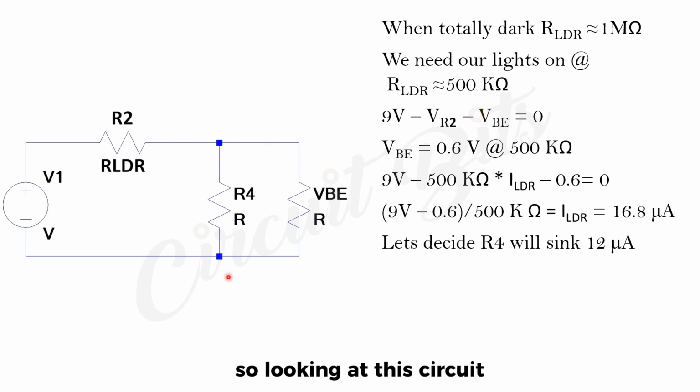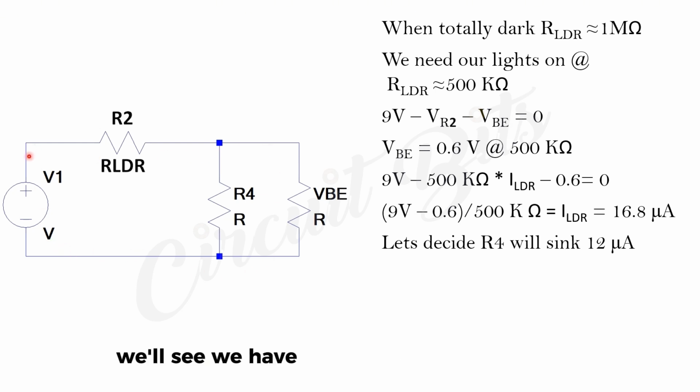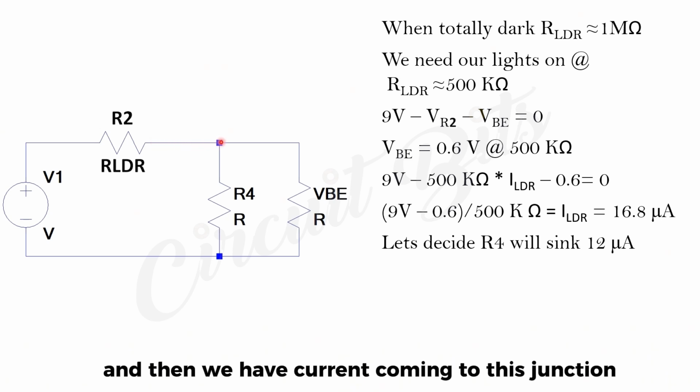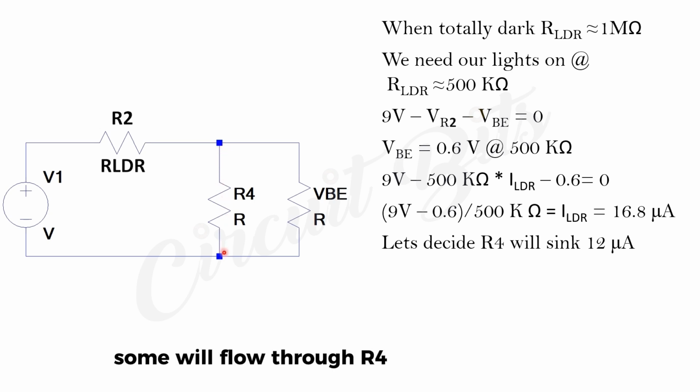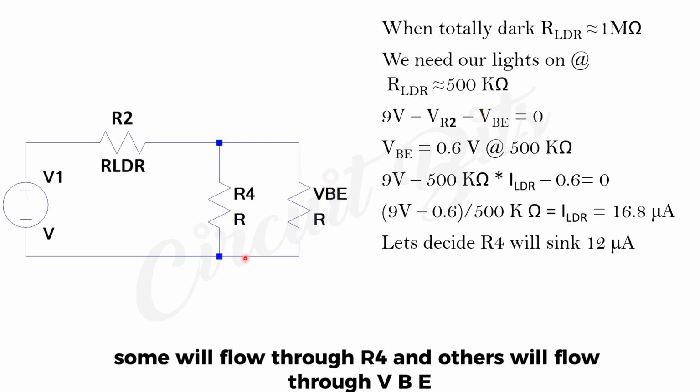So looking at this circuit, we'll see we have current flowing through this resistor, and then we have current coming to this junction. It will have to split into 2 parts. Some will flow through RO4 and others will flow through VBE.